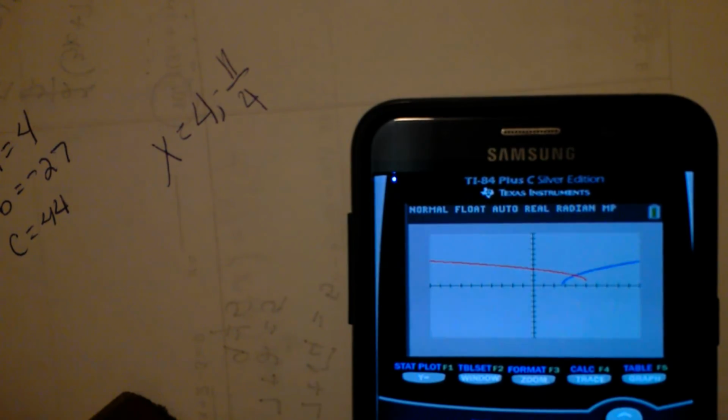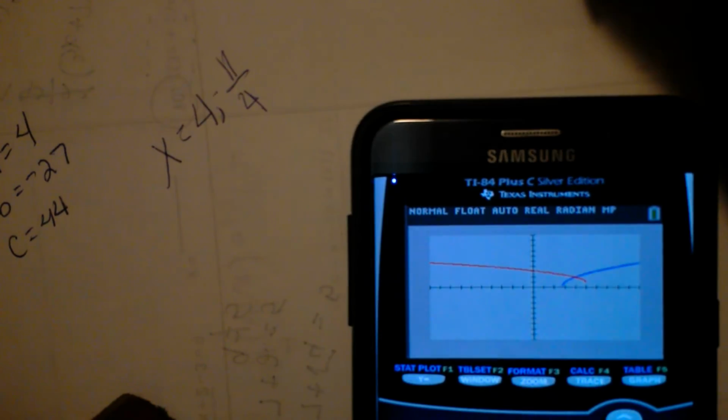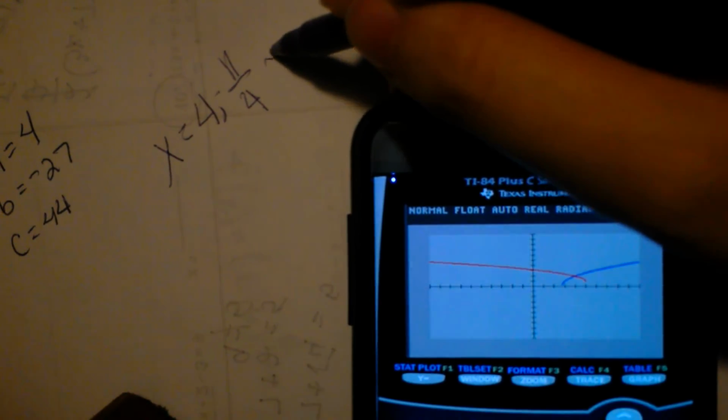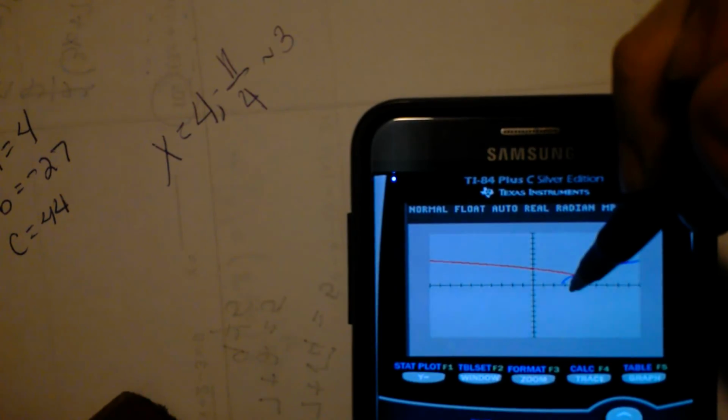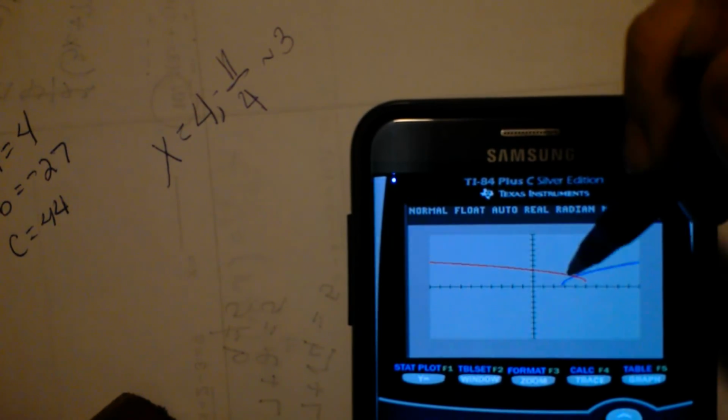There is only 1. And it looks like it is 4. 11/4, that's about 3. So at 3, it definitely didn't cross.